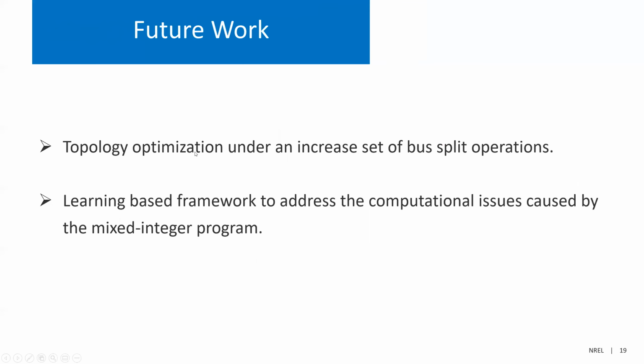As for future work, we plan to look into the topology optimization under an increased set of bus split operations. Furthermore, a learning-based framework is also of our interest to address the computational issues caused by the mixed integer program.